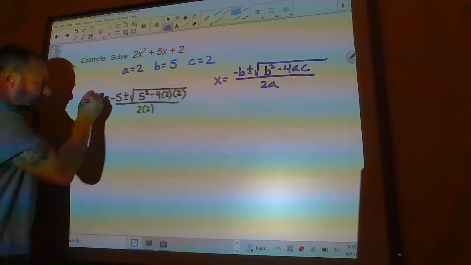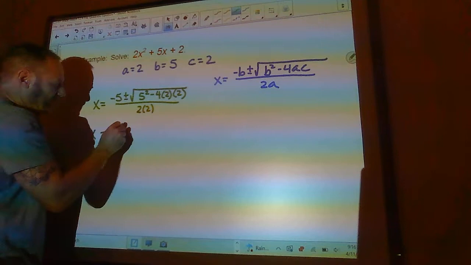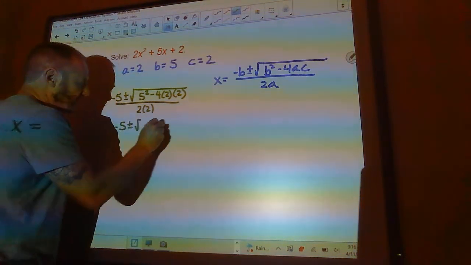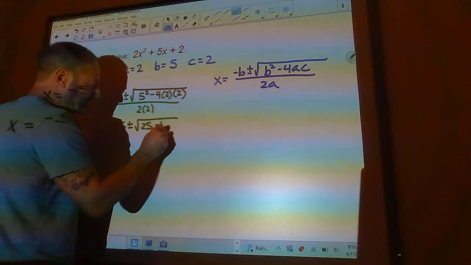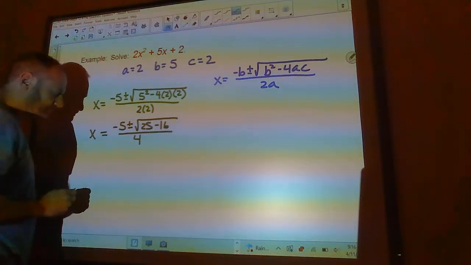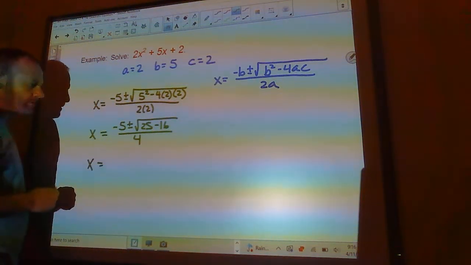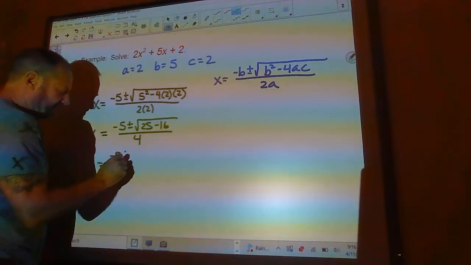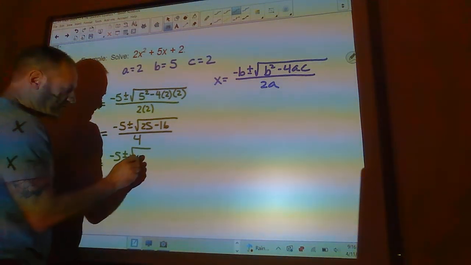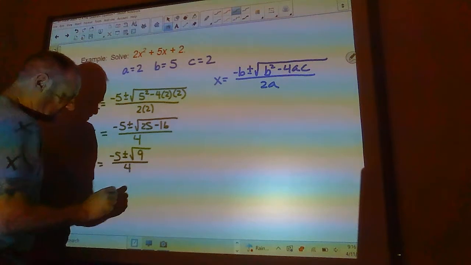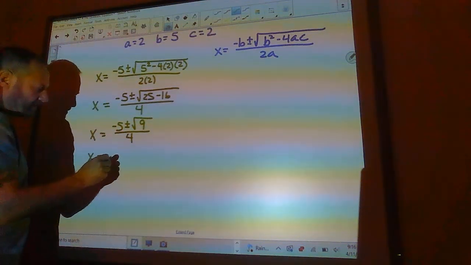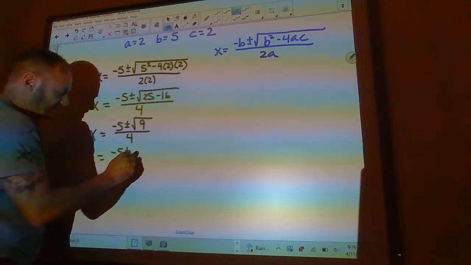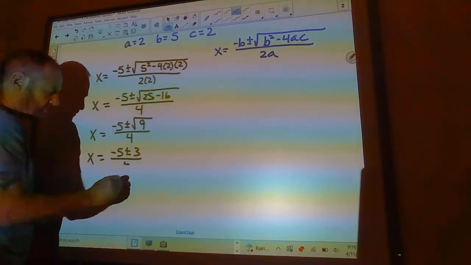Okie doke. So x is going to be negative 5 plus or minus the square root of 5 squared minus 4 times a times c all over 2 times a. So x is going to equal negative 5 plus or minus the square root of 25 minus 16 all over 4. So x would be negative 5 plus or minus the square root of 9 over 4. That means that would be negative 5 plus or minus 3 over 4.